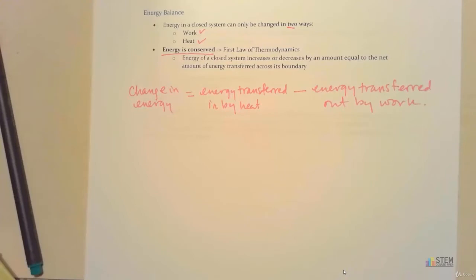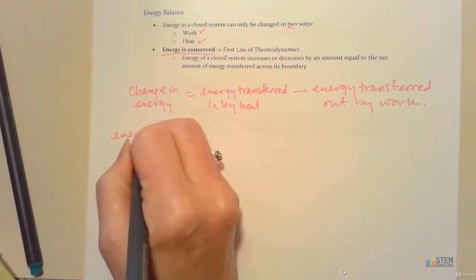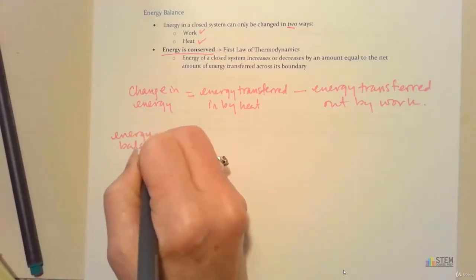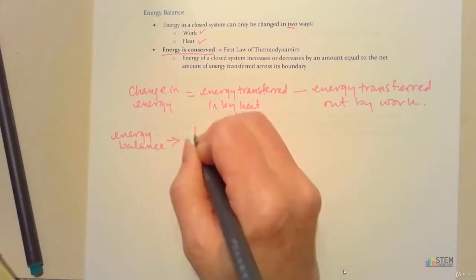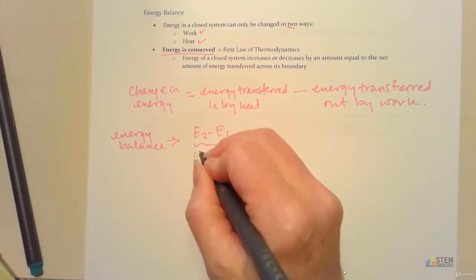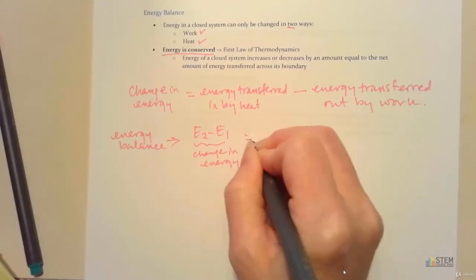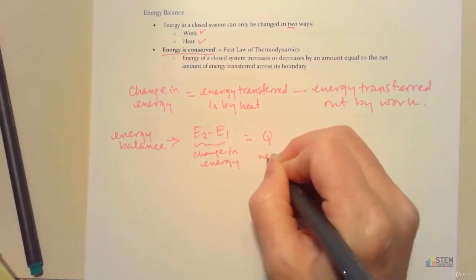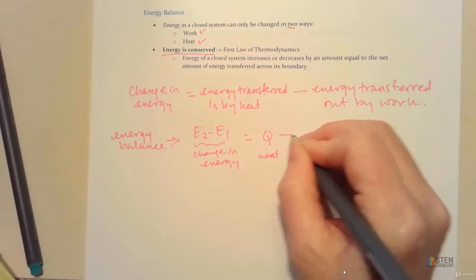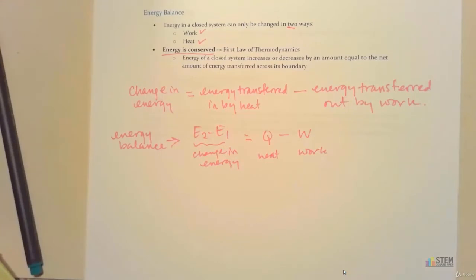Okay, now let's put it in terms of our variables. Now we're going to call this energy balance. And we can write E2 minus E1. So this is our change in energy. That's got to equal Q, that's our heat, minus work, which is W. So now we've got this relationship with change in energy.